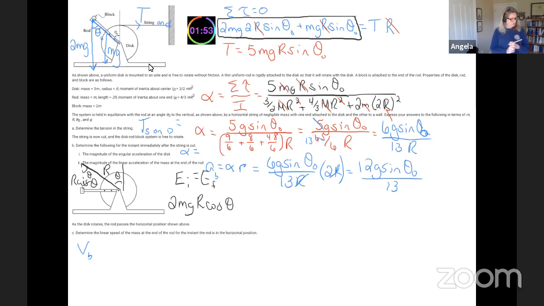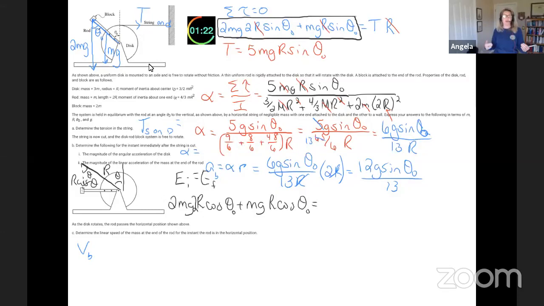Okay, so 2 mg, did I mess up the r? Isn't it 2r? Should be 2r. If my students were here, they would help me. Okay, plus, and then the rod itself has a mass of just m. So mg times how far it fell. So that one only fell r cosine theta naught.